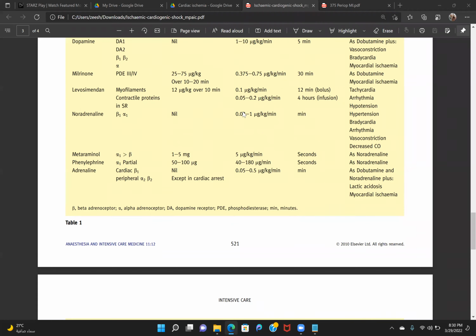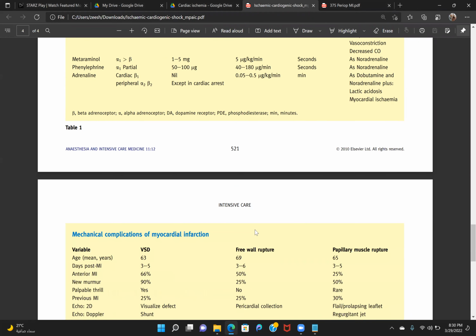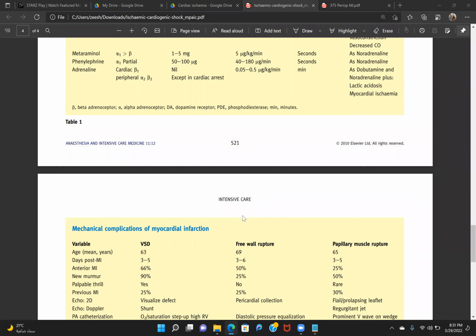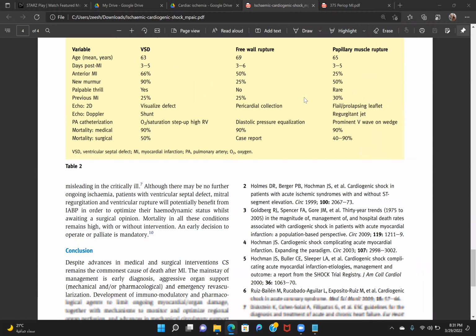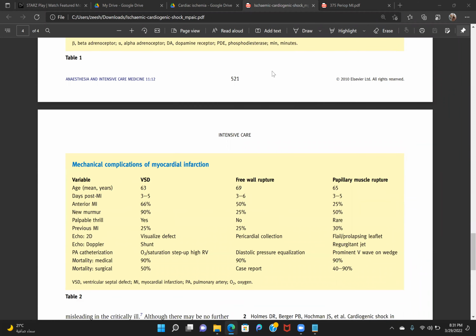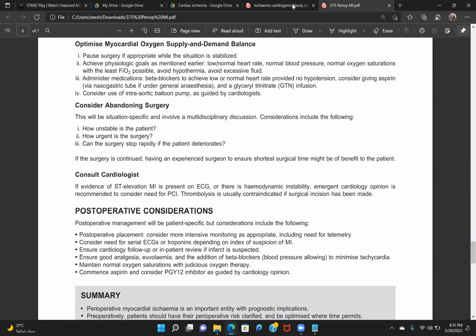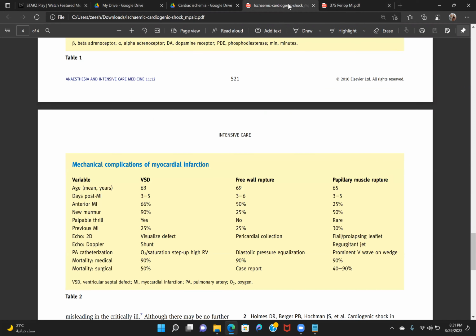And if there is involvement of the conducting system of the heart, there may be a need of a pacemaker. So this is what you will be doing, and there are certain terminologies which you should be knowing. What is recent MI, what is acute MI? We have discussed a number of times, acute MI is within 7 days, and recent MI is within 1 month.